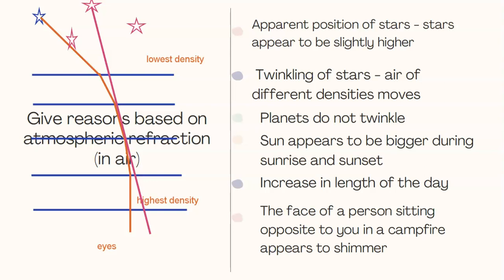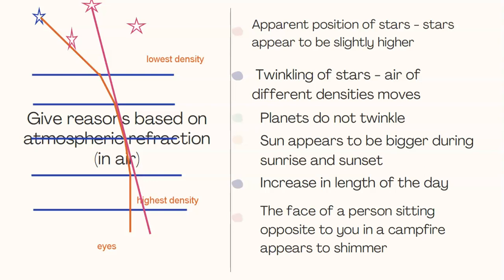And sometimes it comes exactly along the line of sight. So it comes inside the line of sight, it goes out of the line of sight. Again, it comes inside the line of sight, and this process continues due to movement of air of different densities, which gives us a perception that the star is twinkling.